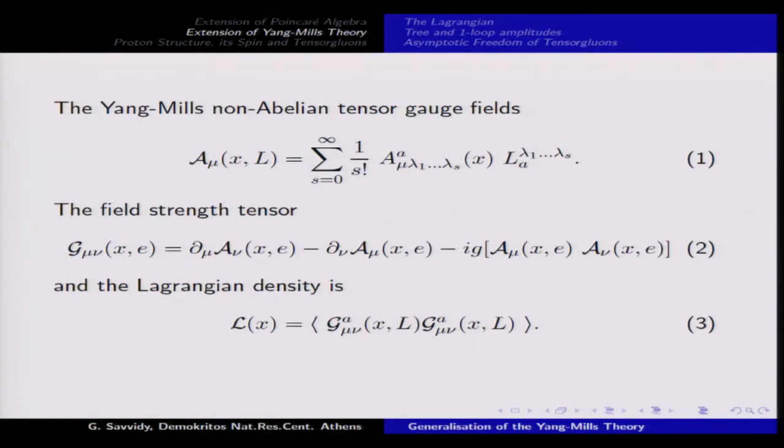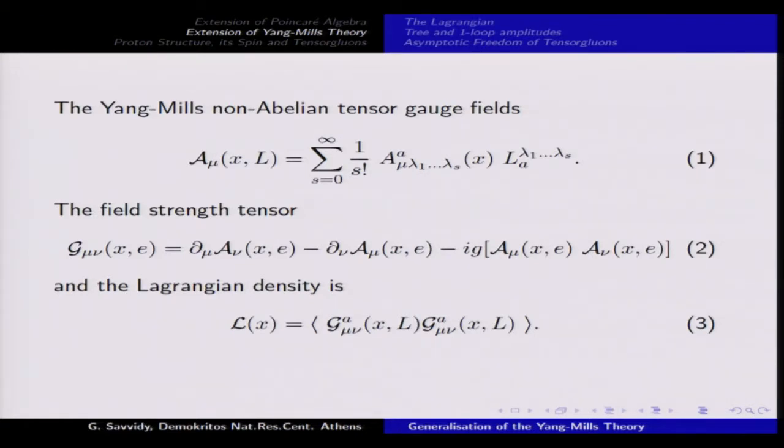So how to build now the gauge theory? We will follow the procedure which we are already celebrating today in this conference. We will build the Yang-Mills field, which depends now not just on the Lie algebra, the internal algebra, but on this extension, because we have the new generators which have isotopic indices, and we have also Lorentz indices.